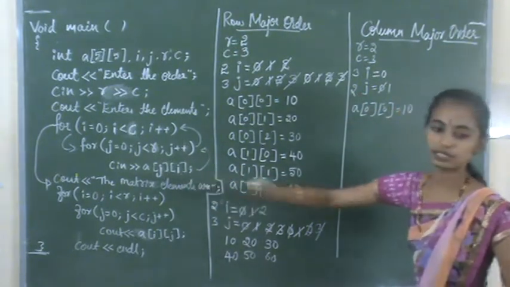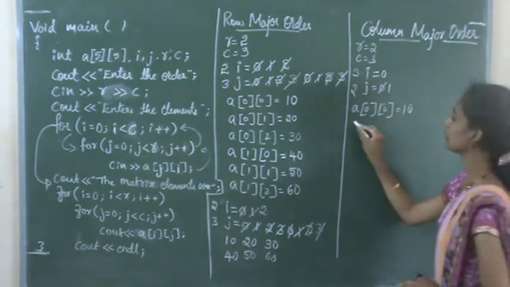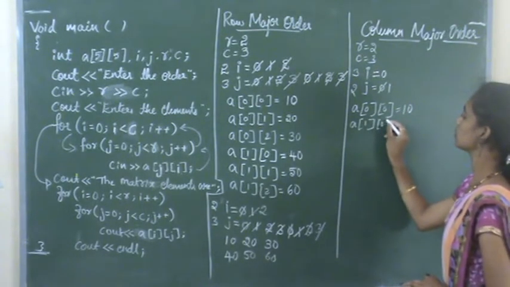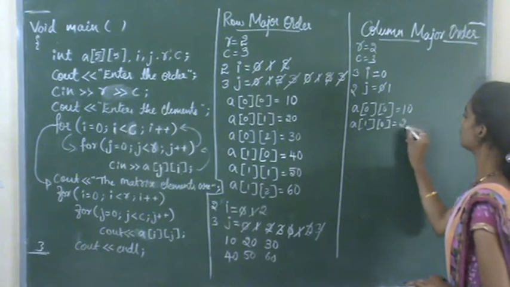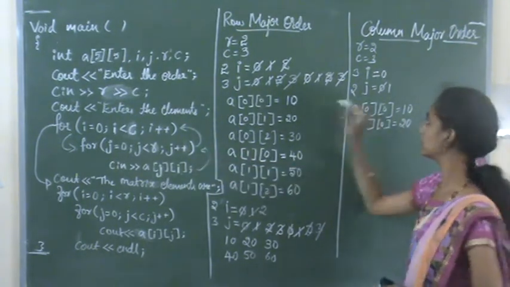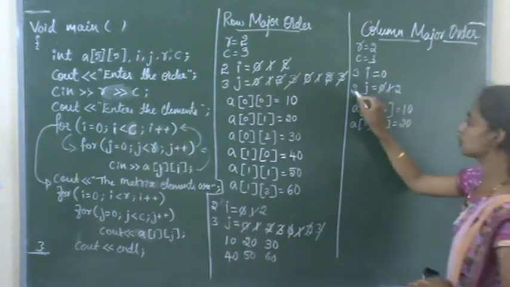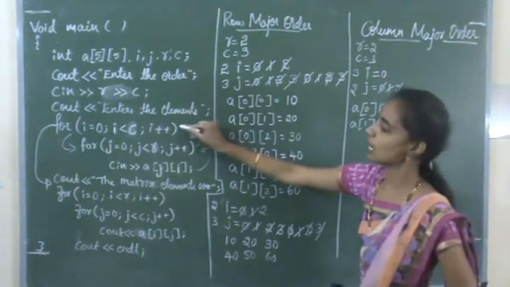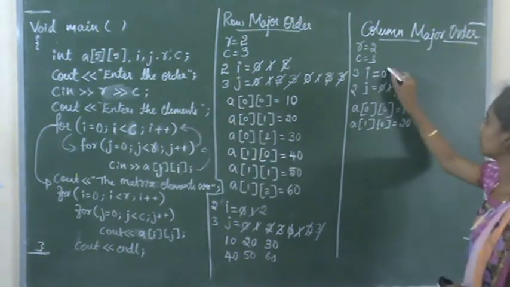It will enter here. So A of J value 1, I value 0. I enter some value. Okay. So again it will go back to the for loop and increment the J value. Now J value 2 less than 2 false, it will go to the upper for loop and increment the I value.